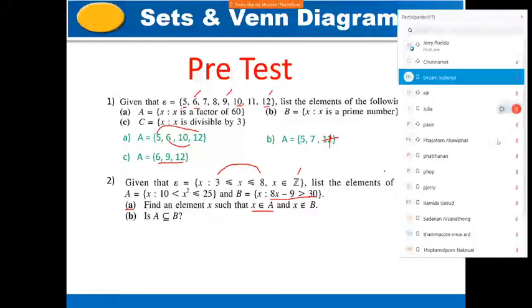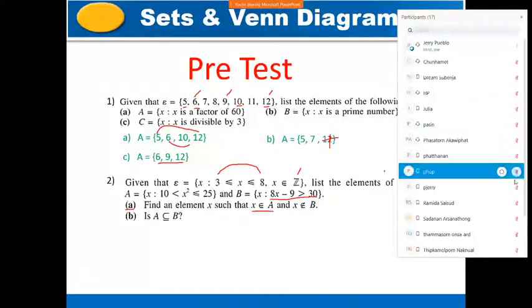Pop. Okay, what do you think are set A? What is set A here, Pop? Pop, please talk.